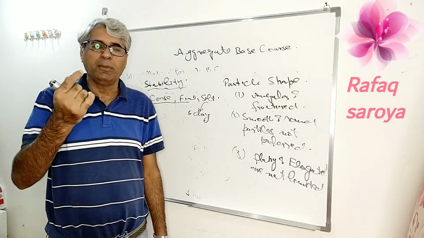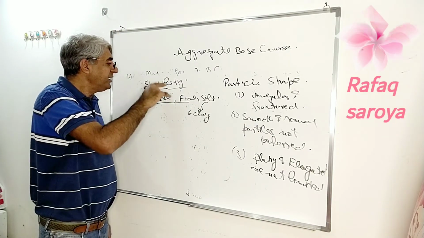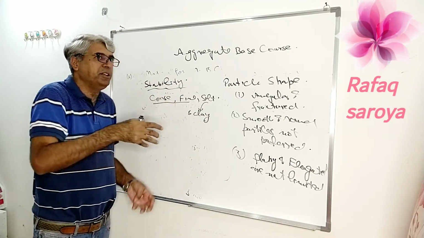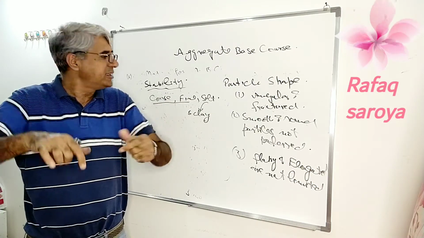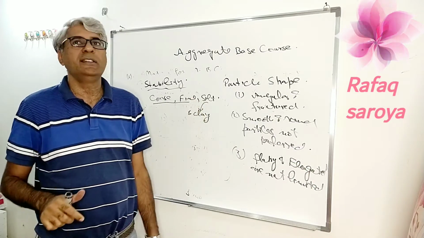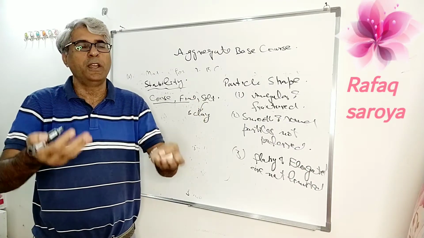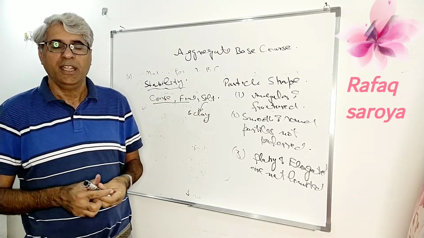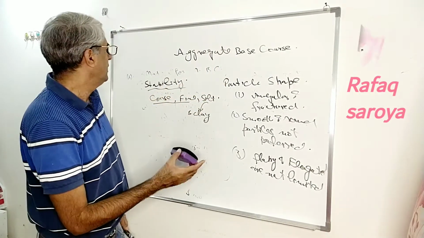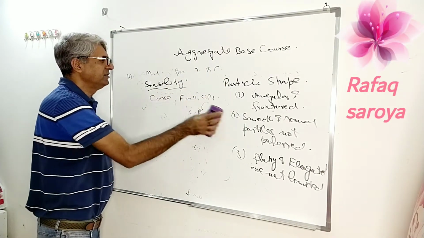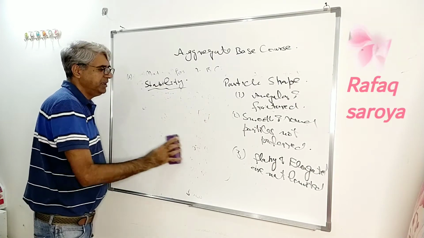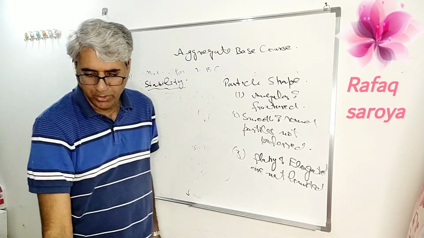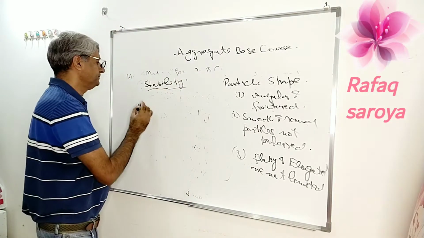So keep this in mind: stability will increase if the coarse and fine materials are interlocked with each other and the gap between them is filled by silt and clay material, which forms a good surface. And next, after stability, the third characteristic is plasticity.